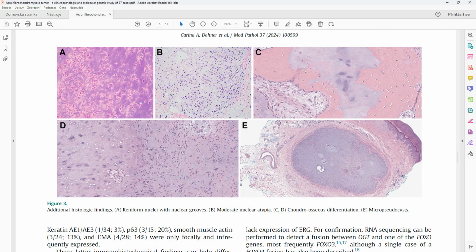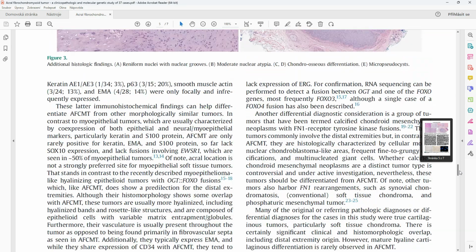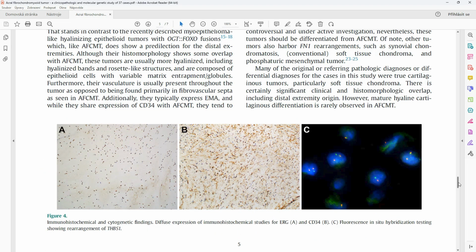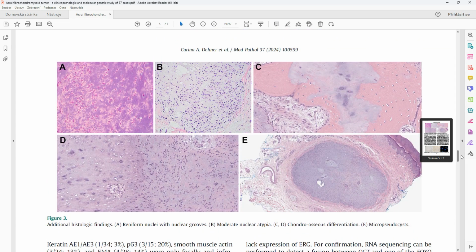Otherwise, if you would like some help from immunohistochemistry, you can stain for ERG, which will typically be positive, because those cells are really probably chondrocytes, some immature chondrocytes. Also, CD34 is often positive. Again, it's a completely benign tumor, and complete excision is enough for this.